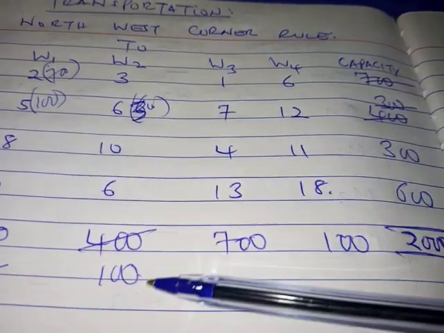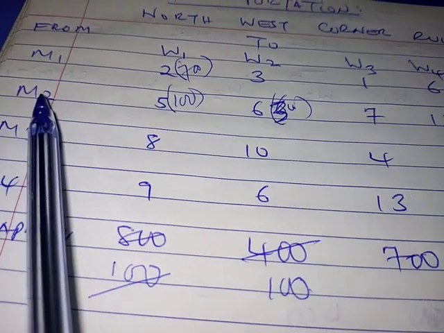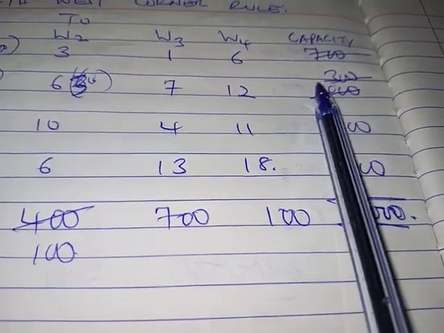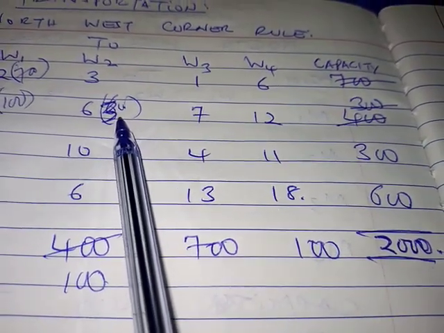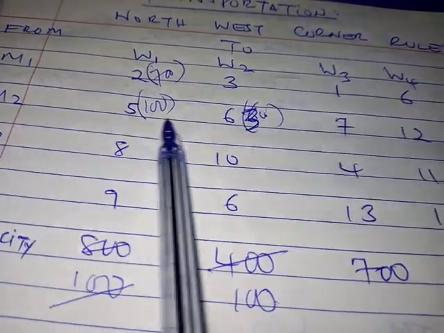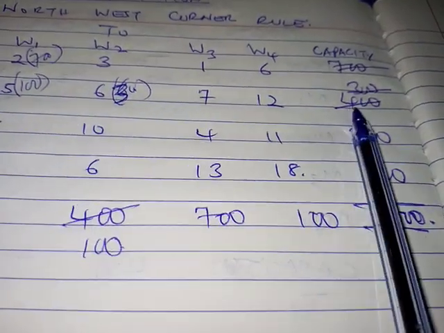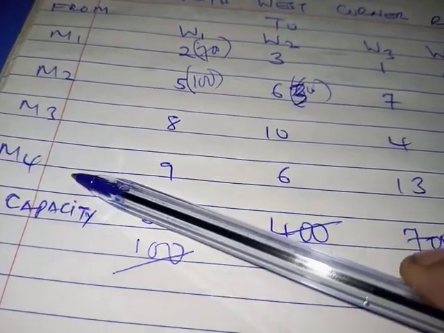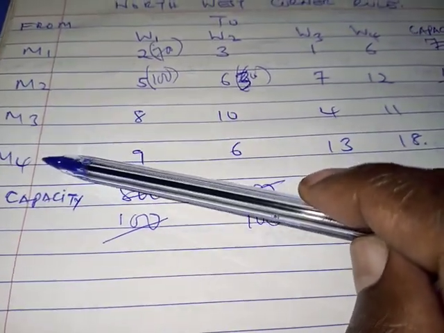Capacity for W2 is 100 and we have cleared the capacity for M2 because it was 300 balance. We have assigned that 300 to W2 and so we have already cleared that balance for M2. So M1 and M2 have already been cleared. Now we move downwards to M3 and M4, manufacturing plant 3 and manufacturing plant 4.